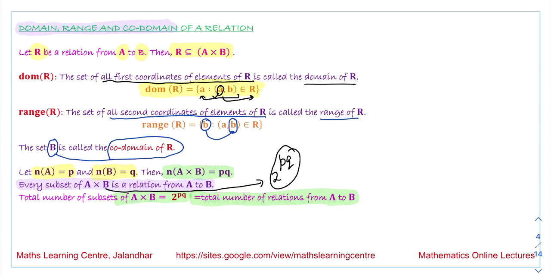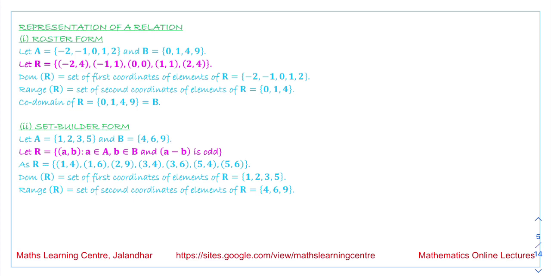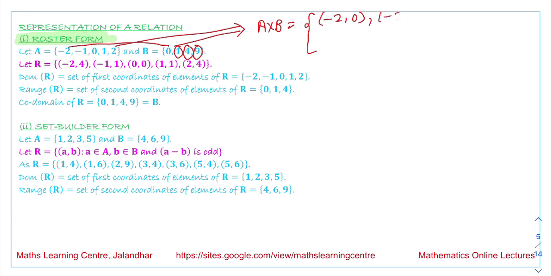Next we have the representation of a relation, first in the roster form. We are given two sets A and B. Any relation from A to B is a subset of the Cartesian product. So in the Cartesian product A cross B, if we have to write it, then with minus 2 we will have 0, 1, 4, 9: minus 2 comma 0, minus 2 comma 1, minus 2 comma 4, minus 2 comma 9.